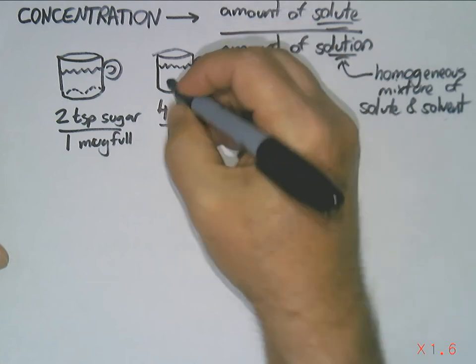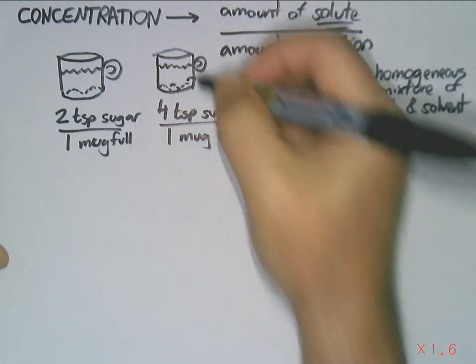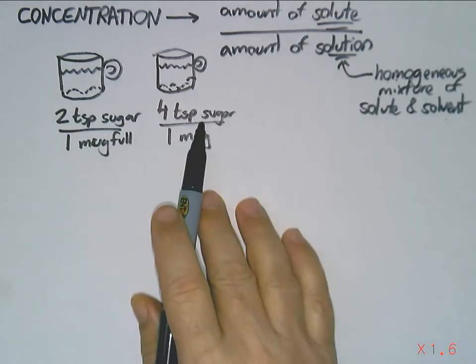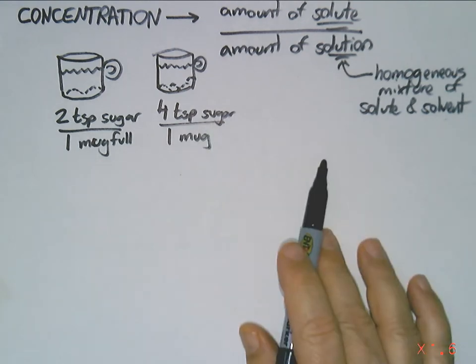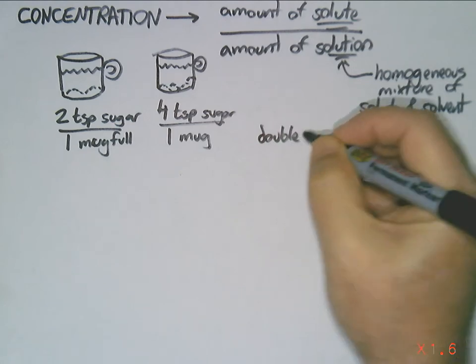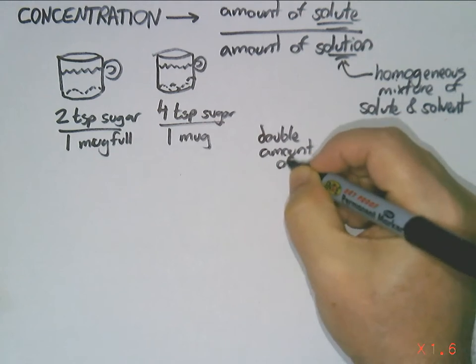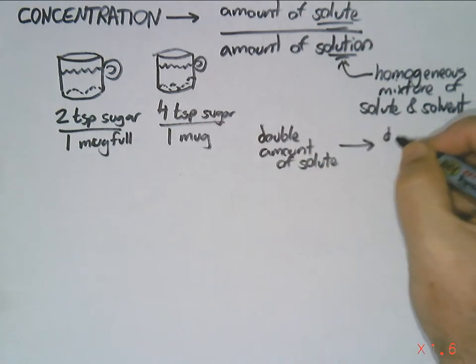And here I've got 4 of them down there in a mug. So there's a lot more sugar. You can see pretty easily that the concentration here is twice what the concentration here is. If you double the amount of solute, that doubles the concentration.